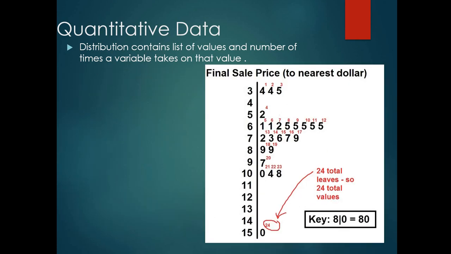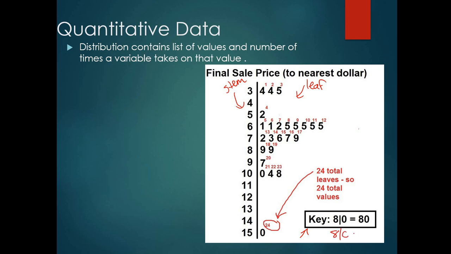Right. Then we have a stem and leaf plot. And if you haven't seen these before, the stem is on the left, the leaf is on the right. These red numbers are just counting how many data points there are. You don't usually put them as part of the graph, so you can ignore those. The main thing you need here is a key to tell you how you put your numbers back together.